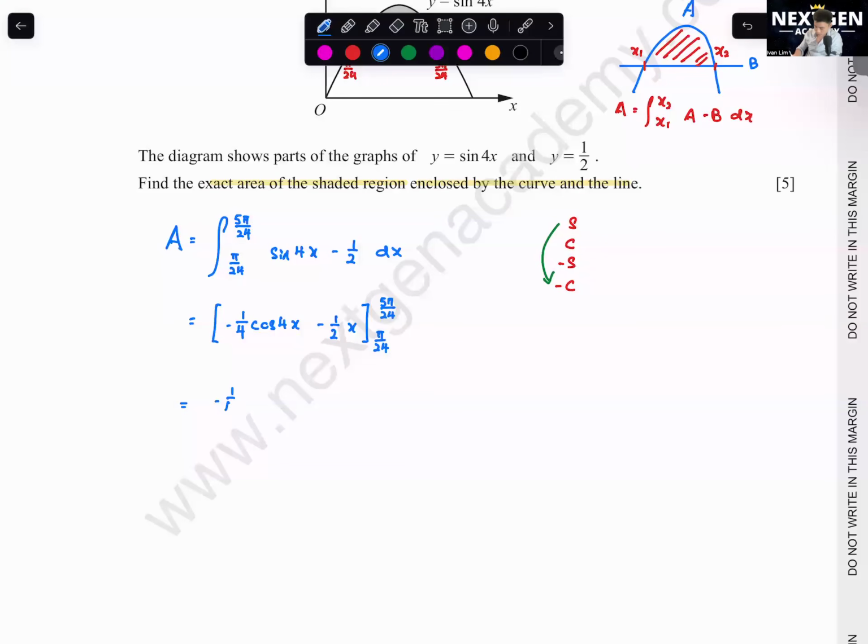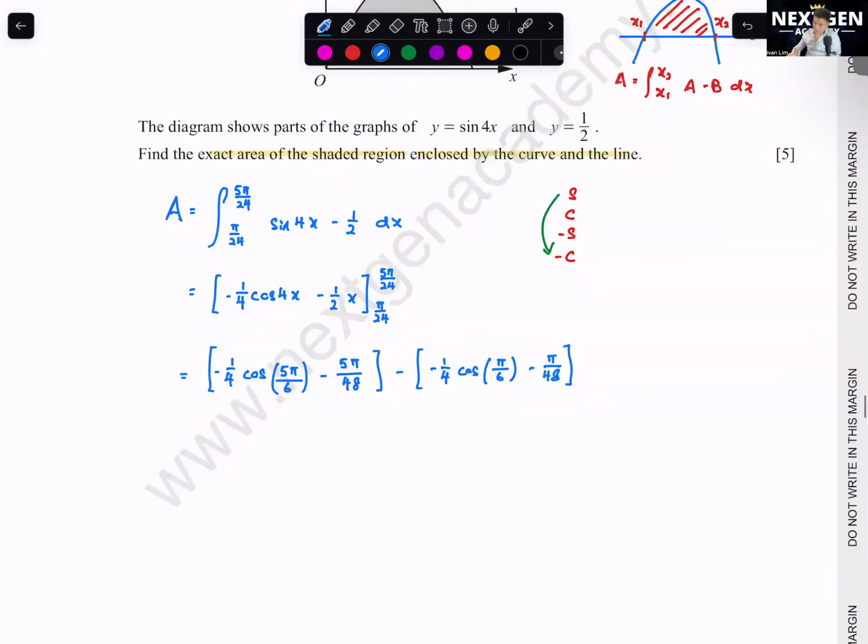I'll straight away just get the value: negative 1 over 4 cos 5 pi over 6, minus 5 pi over 48, minus 1 over 4 cos pi over 6, minus pi over 48.